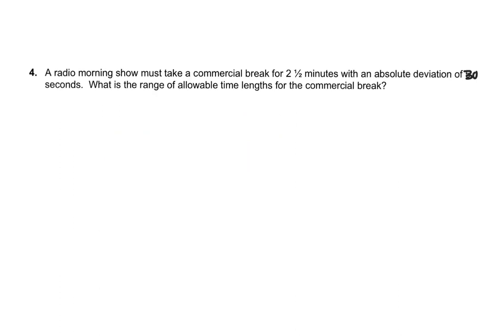because that absolute deviation of 20 is going to let you have plus 20 or minus 20. All right, a radio morning show must take a commercial break for 2.5 minutes with an absolute deviation of 30 seconds. What is the range of allowable lengths for the commercial break? So remember, 30 seconds is half of a minute.